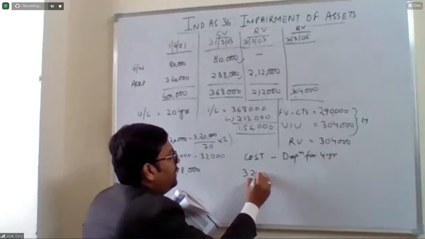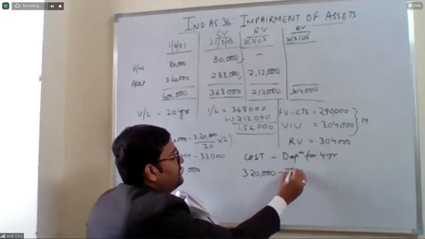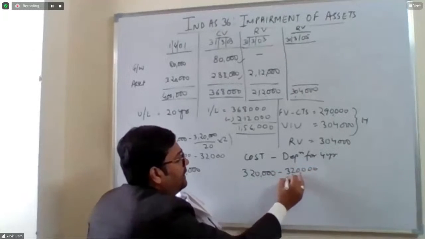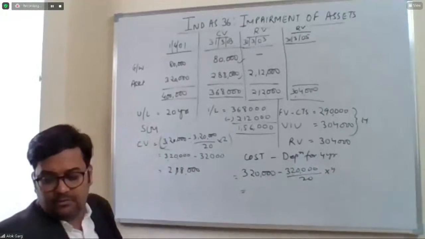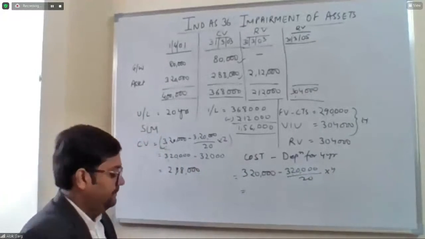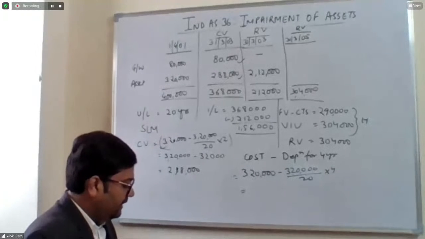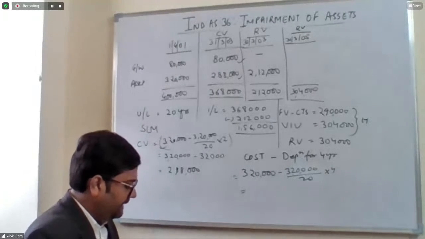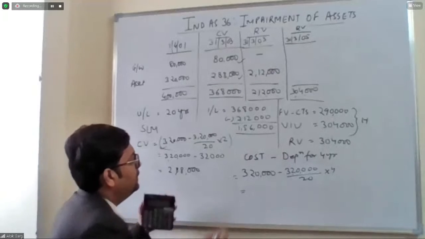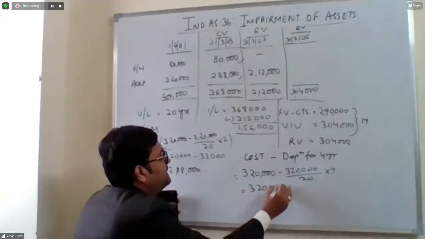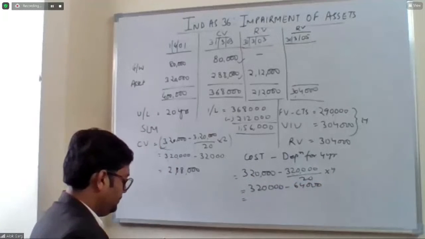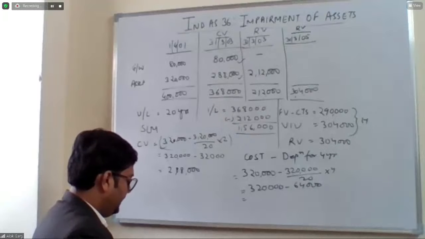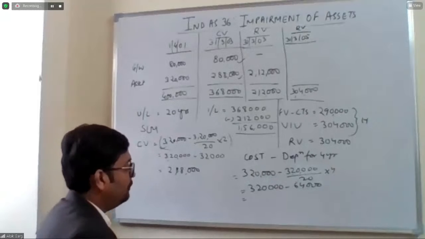So 3,20,000 minus 3,20,000 divided by 20 multiplied by 4. 3,20,000 divided by 20 multiplied by 4 is equal to 64,000. So 320 minus 64,000 is equal to 2,56,000.